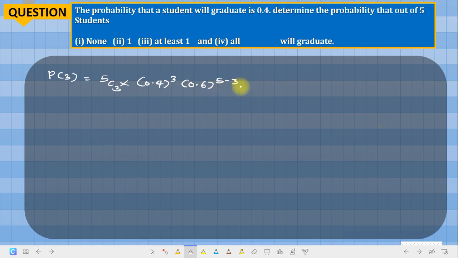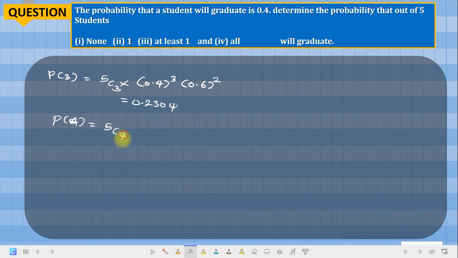Now 5 minus 3 is 2, so this is raised to the power of 2 here. When you compute this, it's going to give us 0.2304.